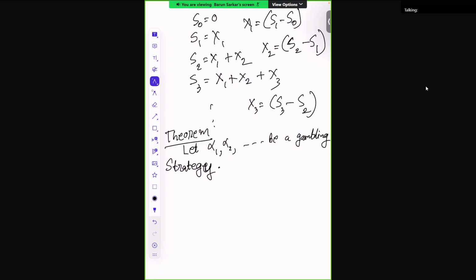Now, there are three parts. The first part is: if alpha 1, alpha 2, ... is a bounded sequence, that means alpha i is bounded by some M for all i. Bounded sequence means mod alpha i is less than or equal to some constant for all i.